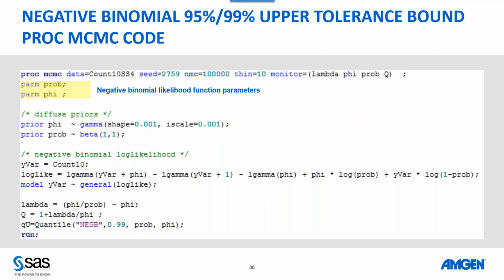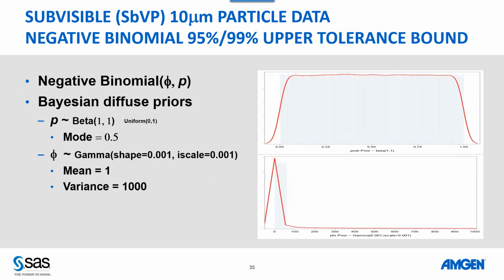Go ahead. Before I go through the code, I also want to echo part of the discussion from before: in this particular case, it would probably make sense to do a sensitivity analysis, meaning trying different prior distributions to see whether the upper bound from the slides changes, and what aspect of the prior distribution on the probability and on the phi would move the needle on where the tolerance bound lands.